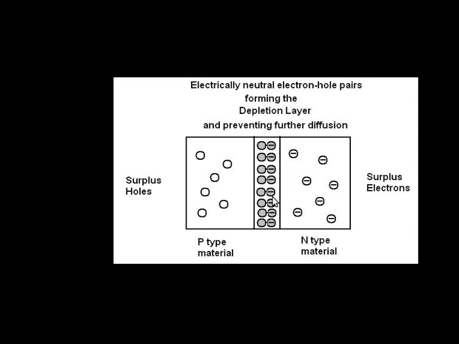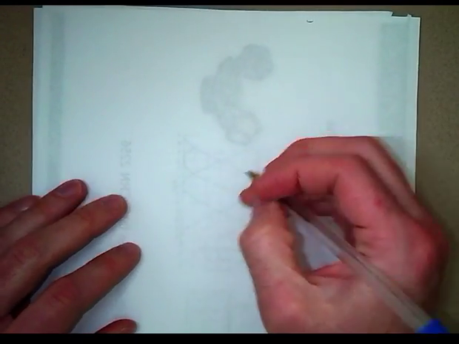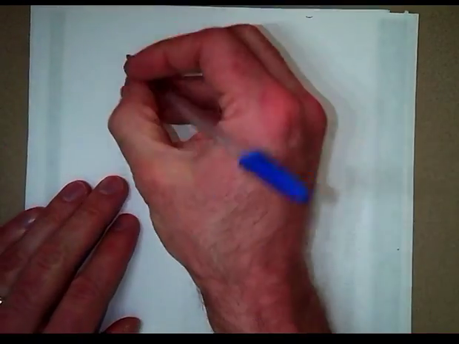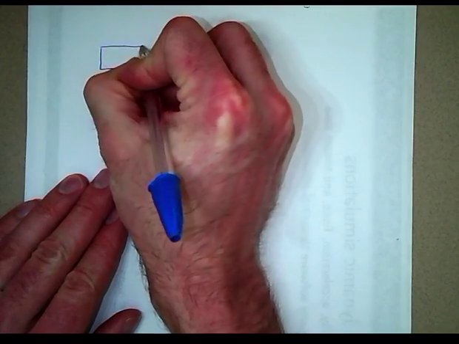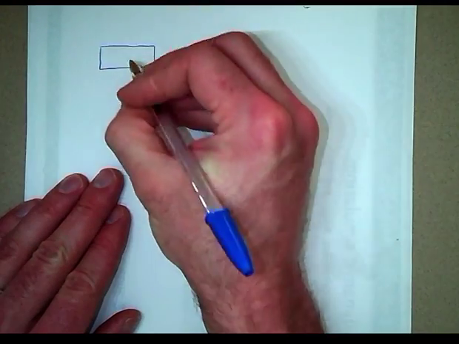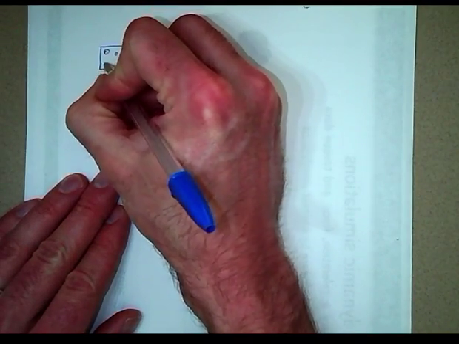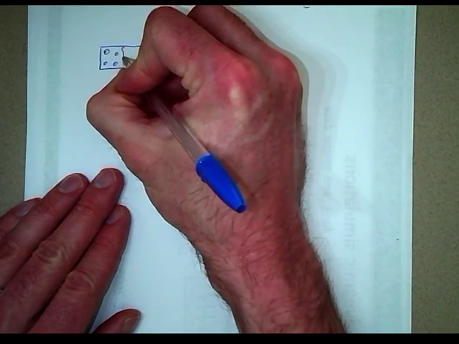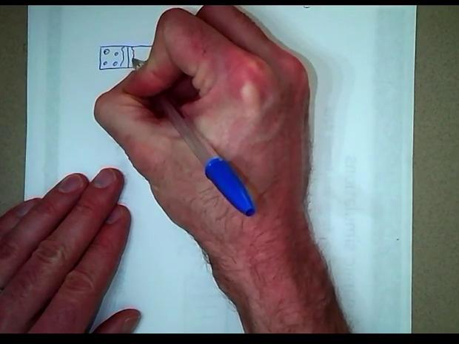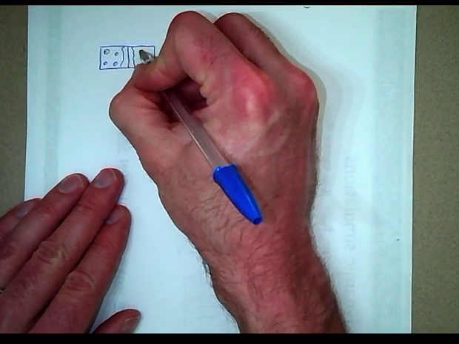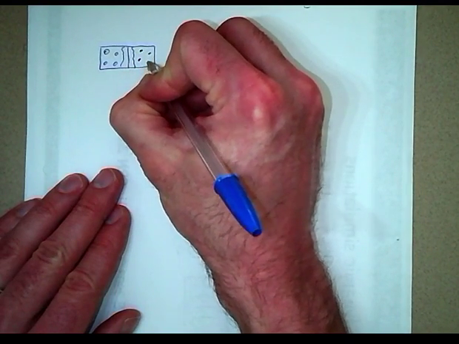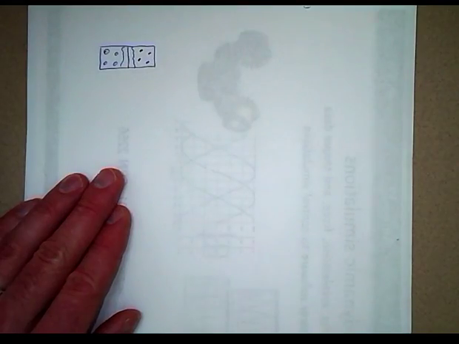So let me talk now about diodes a little bit more. So again, in a diode we have P-type silicon and N-type silicon. So here's the positive charge carriers, and the depletion region, and the negative charge carriers on the N-type.